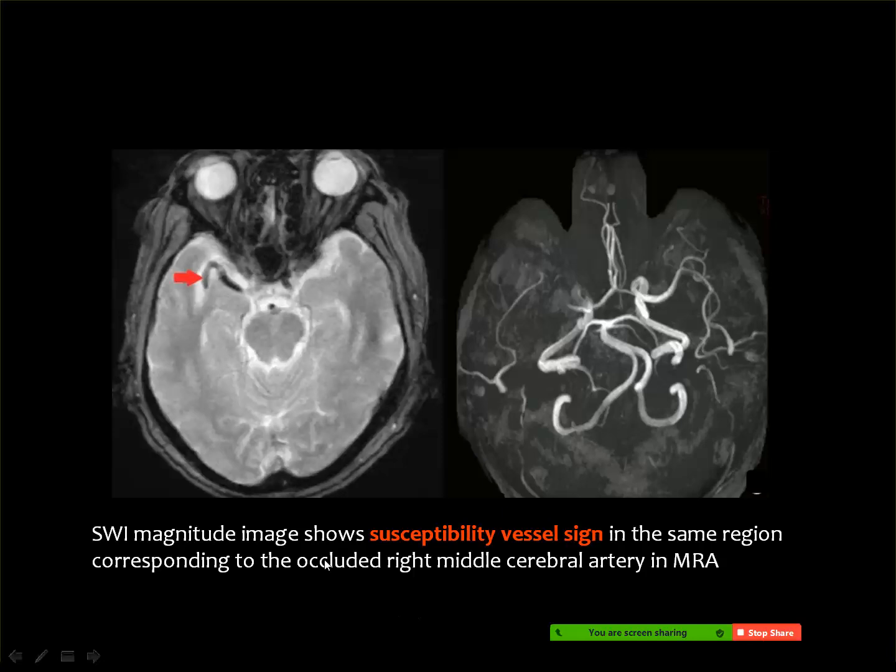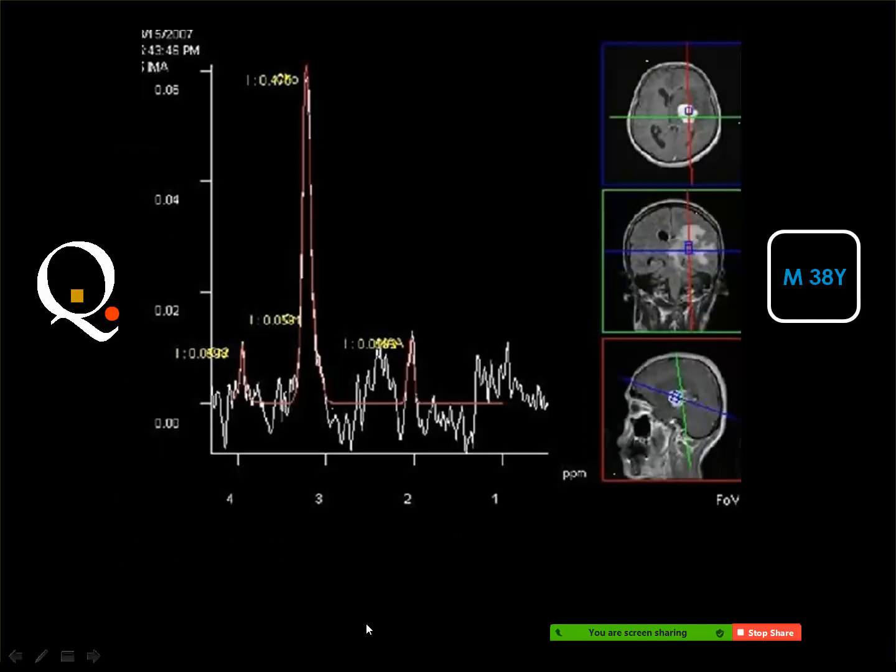If you see that one of the vessels is black on the gradient image or the susceptibility weighted image, you say this is the susceptibility vessel sign, analogous to the hyperdense vessel sign seen on the CT scan. And if you have MR angiography or any type of angiogram, then you can see occlusion of the artery.